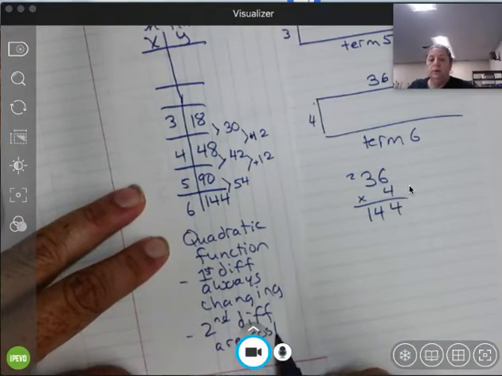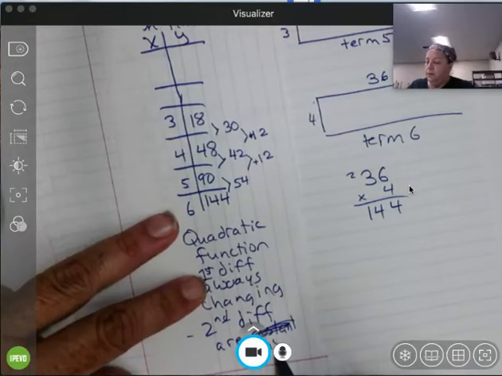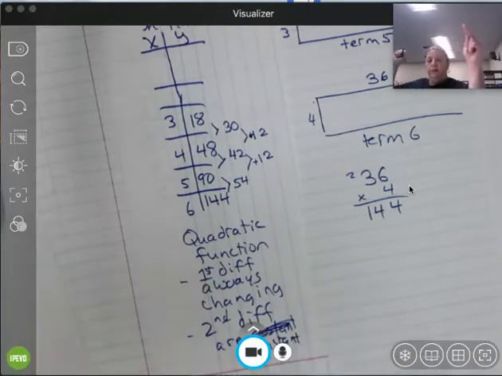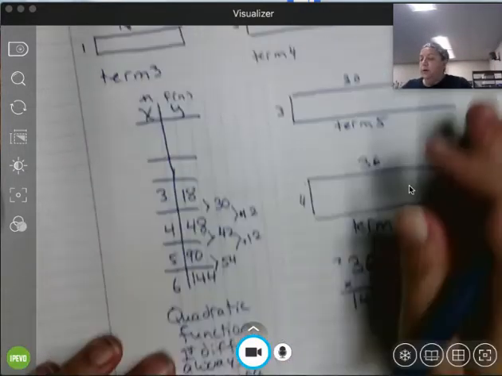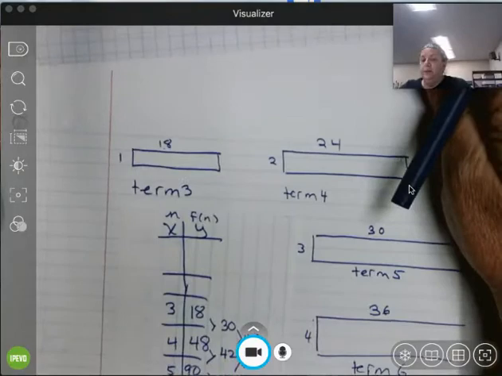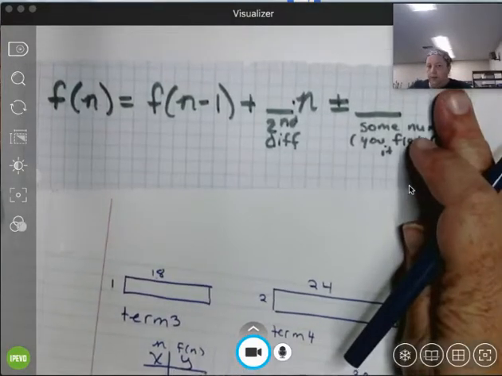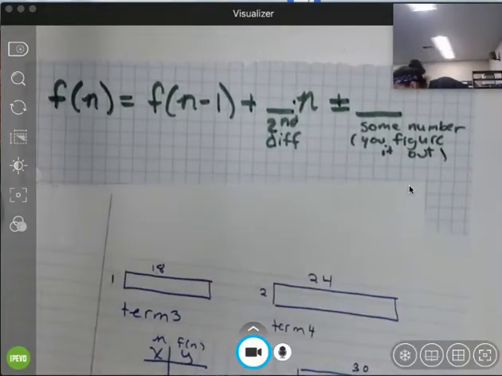I spelled constant wrong. C-O-N, constant. There we go. So with all this information, I wonder if we're ready to write our equation. Let's see.